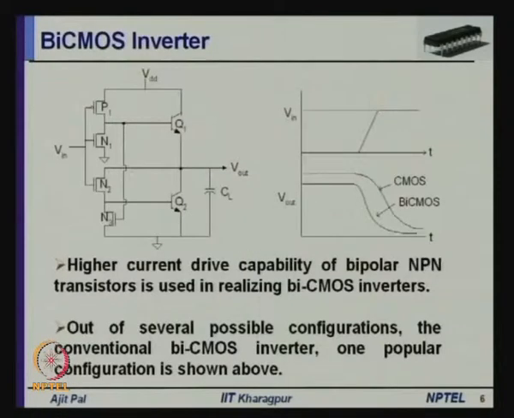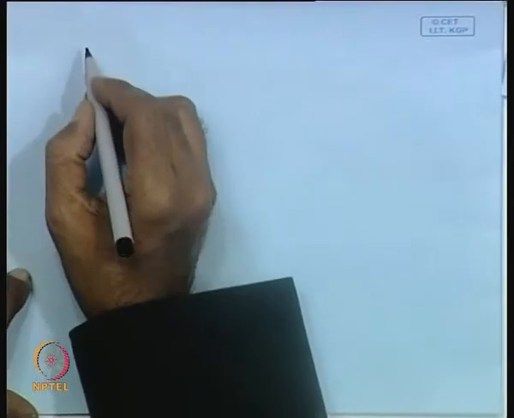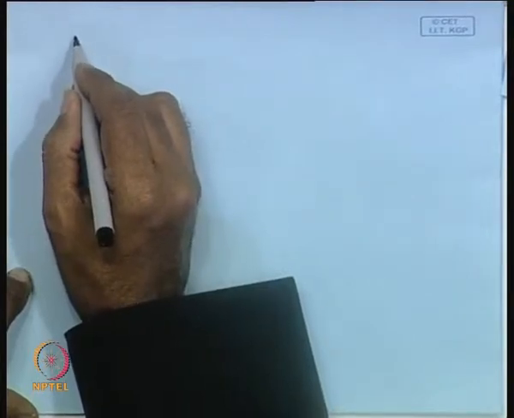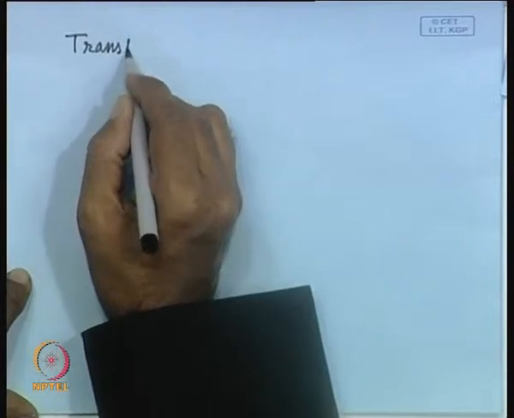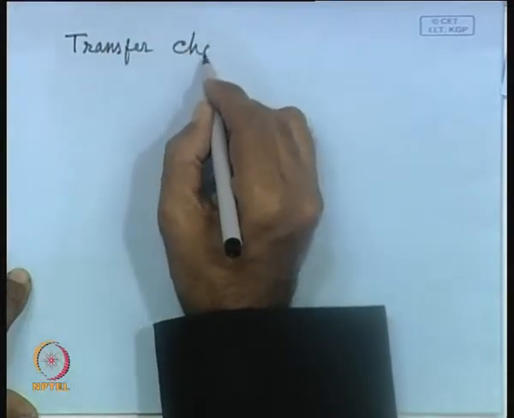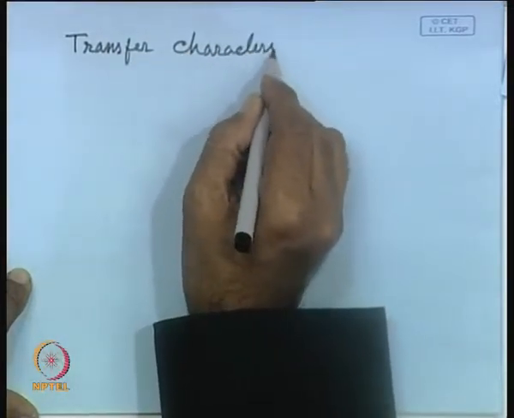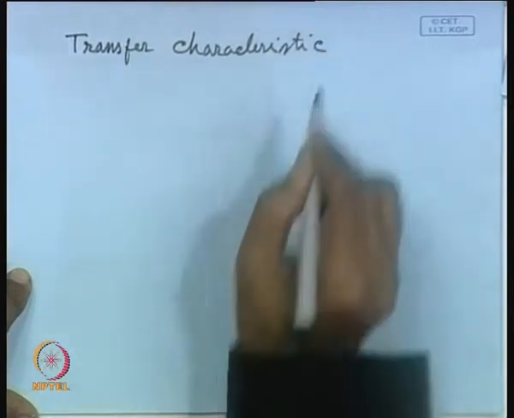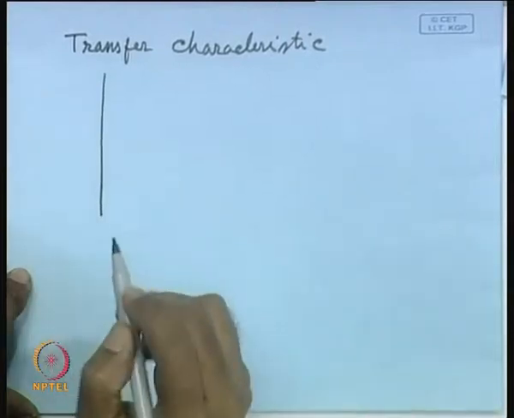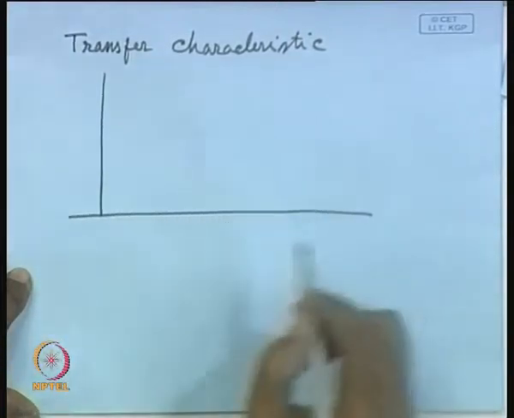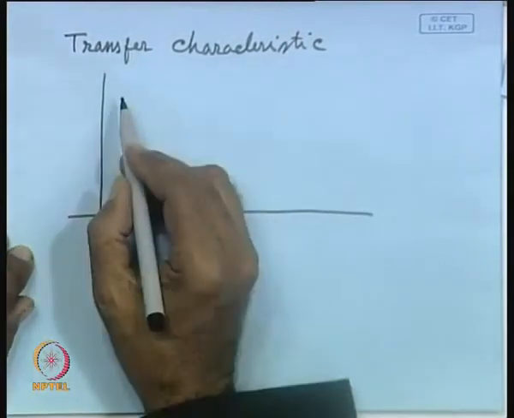Now, let us consider the characteristics of this BiCMOS inverter. Let us consider the transfer characteristic. First, let us compare it with the transfer characteristic of a CMOS inverter.